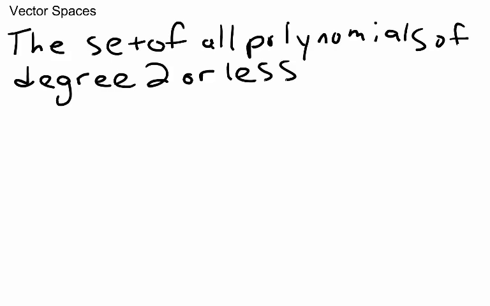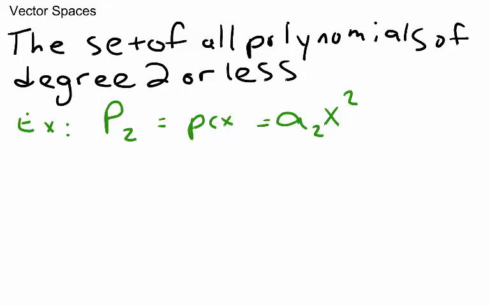Another vector space is the set of all polynomials of degree 2 or less. For example, P2 would be expressed as p of x equals a sub 2 times x squared plus a sub 1, a scalar, times x, a variable, plus a sub 0, a constant.